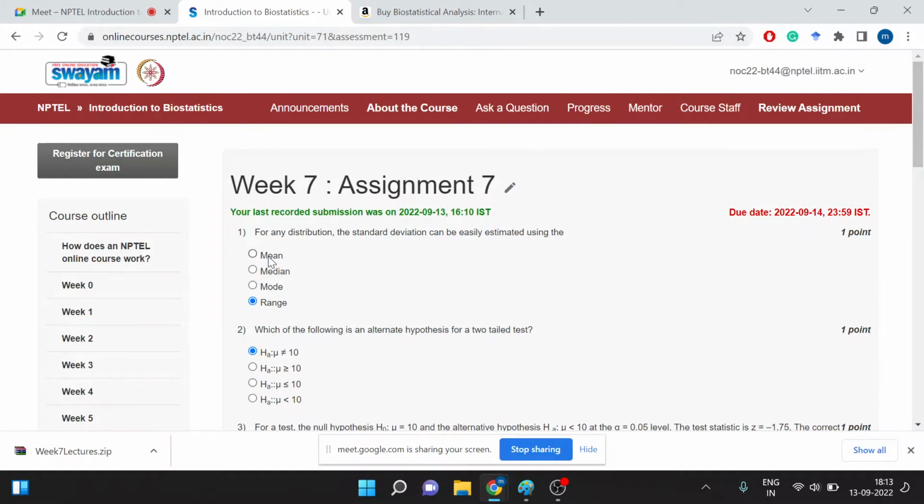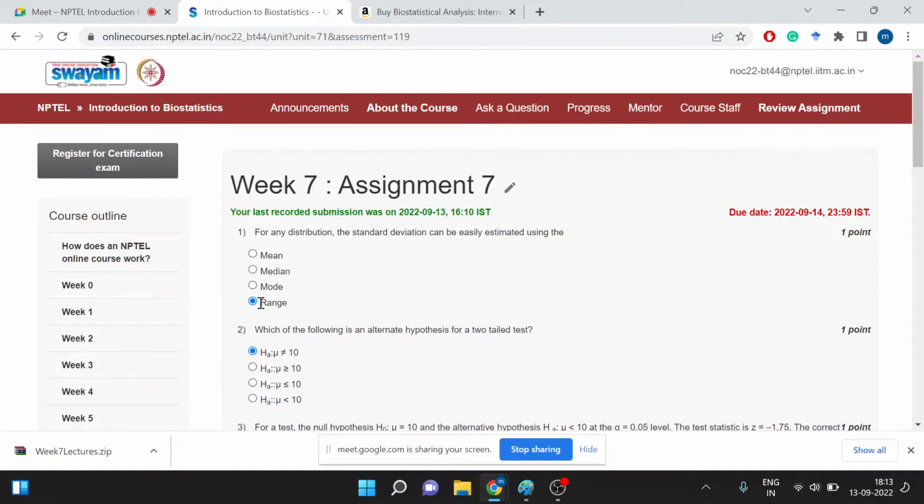No, right? All these are point estimates actually. Mean, median, and mode are just point estimates. They are characteristics of the distribution, but they don't tell you anything about how widely the distribution is spread.